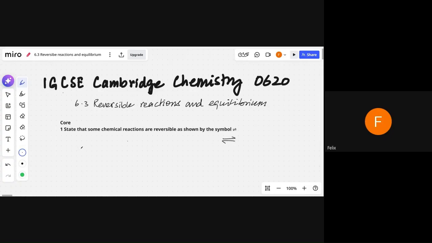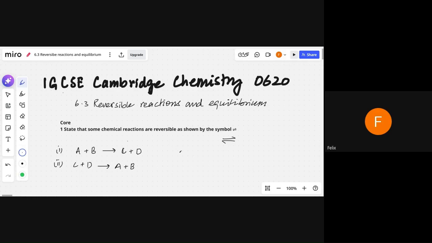There are some reactions where reactants change into products, and the products can react back with each other and convert back into reactants, right? So A plus B, these are the reactants, they are producing C plus D. Then C and D will react and produce A and B, right? You can see that these two equations are the exact opposite of each other. So this is a reversible reaction.